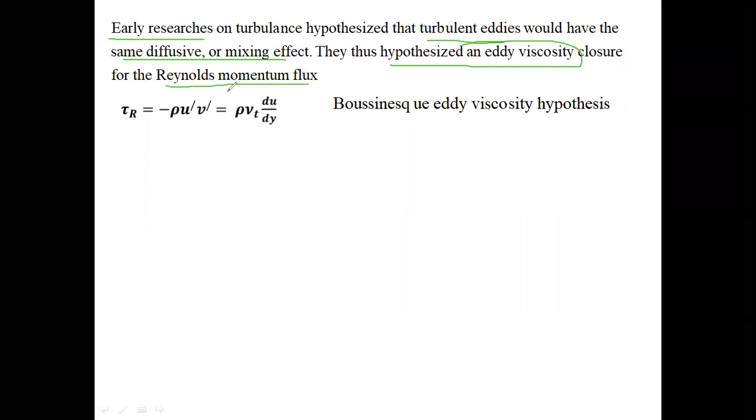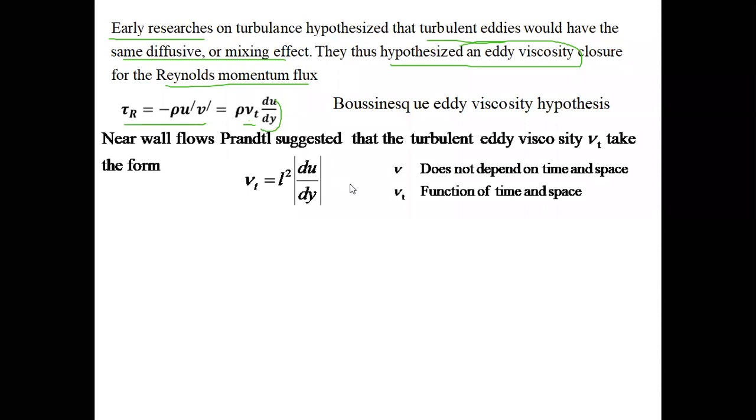That means we can write, as we saw earlier, tau r equals minus rho u dash v dash. Then this u dash v dash component can be replaced by nu t times du by dy. This nu t we define as eddy viscosity.